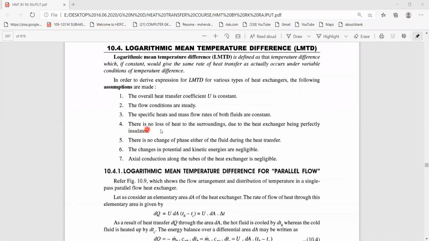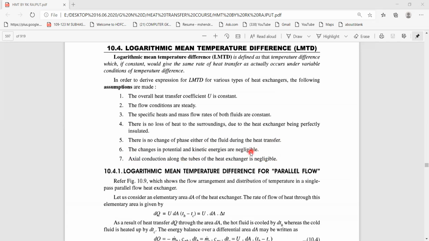Fourth, there is no heat loss to the surroundings, as the heat exchanger is perfectly insulated. Fifth, there is no change of phase of either fluid during the heat transfer. Sixth, the changes in potential energy and kinetic energy are negligible. And seventh, the last assumption, is axial conduction along the tubes of the heat exchanger is negligible.